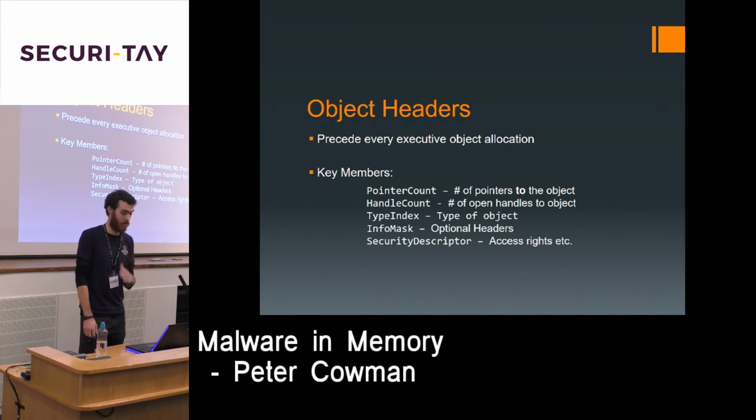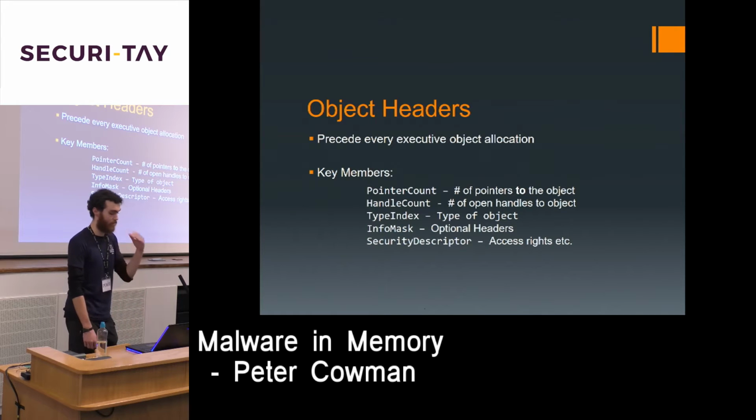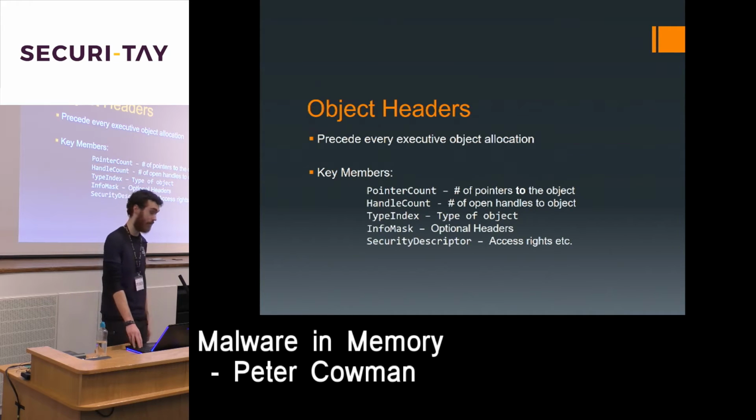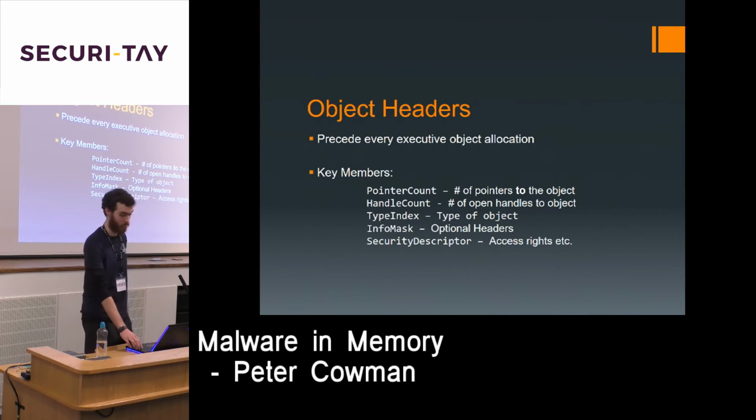Unfortunately, it makes it quite a lot harder to step through them. Info mask is interesting because it tells you exactly which optional headers should be present. So if we find an object header, you can read the info mask and know exactly which headers you should expect to find after it and which ones you need to be parsing. And then security is useful for finding out what access rights there are and who is responsible for allocating this object.